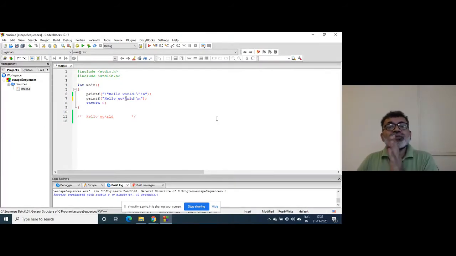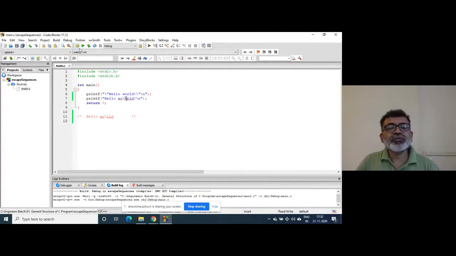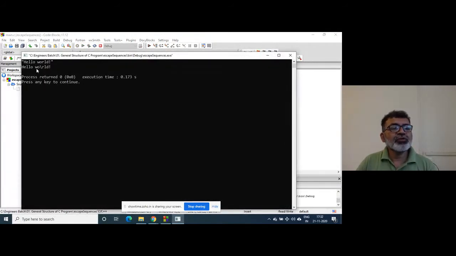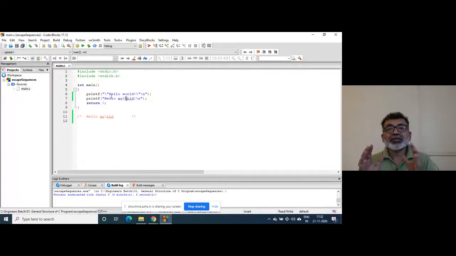The normal meaning of backslash is itself an escape sequence. Escape from that, so it will print the backslash as it is. If you run this code, you'll get hello wo backslash r l d. Got that? So these are the intricacies of escape sequences.